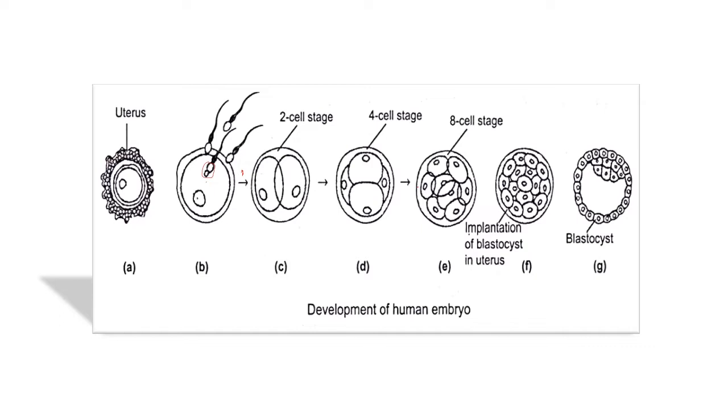And the third cleavage is a horizontal division, also at right angles to the first two cleavage divisions, and it results in the eight cell stage or eight blastomeres.